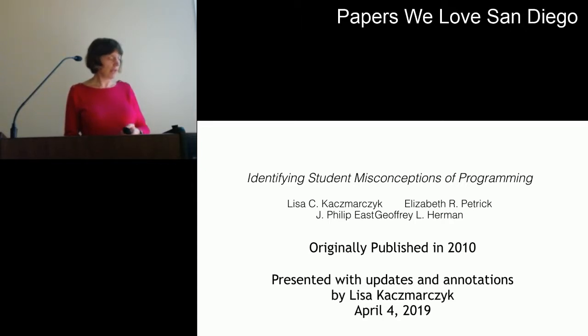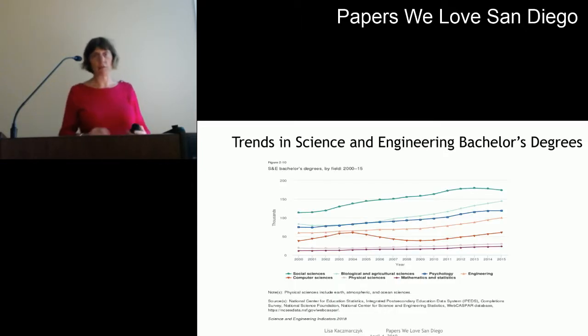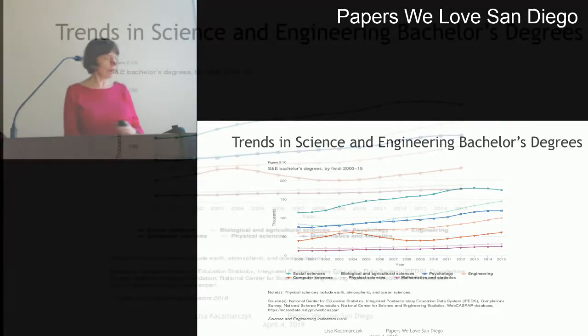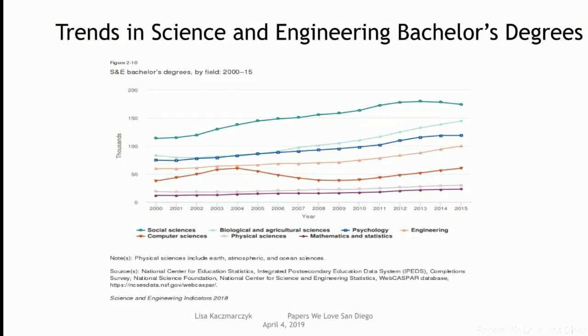So the first thing is I want to share just a little bit of data. Some of you may be familiar with this type of data, and some of you may not. This is showing the trends of bachelor's degrees in science and engineering from 2000 to 2015. And computer science is the one that is red with little triangles that goes across the bottom.